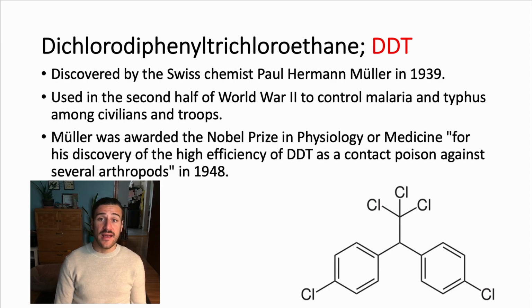Because of this, he saved many people, and he was awarded the Nobel Prize in Physiology or Medicine because this molecule efficiently reduced arthropods that, again, vector these diseases. So he was awarded that in 1948.